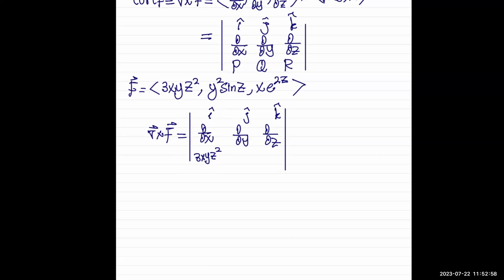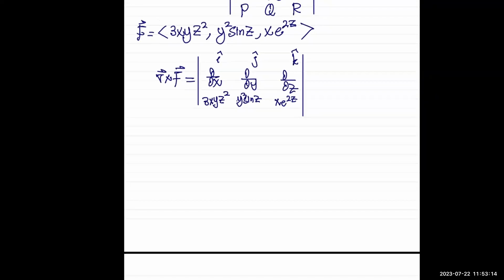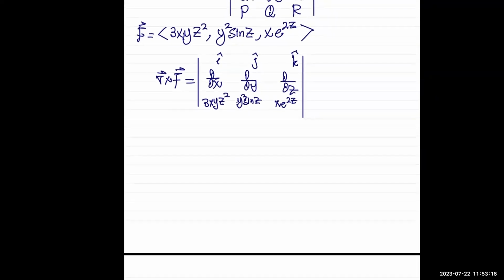All right, second component. Each is a function of x, y, or z. And last component, xe to the 2z. All right, so you just have to be careful. All you're doing here is taking partial derivatives, just like you do the cross product.